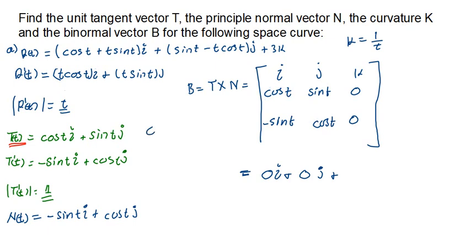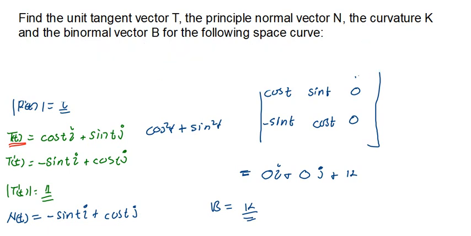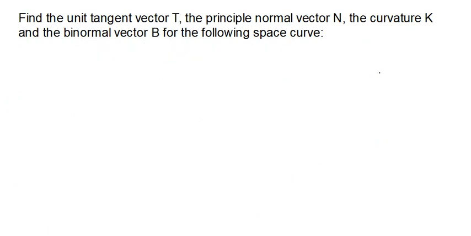So it's like you have cos squared t minus this one by that one, supposed to be negative, but because that negative is going to multiply by this one, it is going to be positive, so that would be sine squared t, which is simply a 1. So it would be like 1k, or I can just indicate it as k. So meaning the binormal vector is just equal to 1k or just k. Okay, so that's how you go about that question. So let's try to look at another example to make sure we are very familiar with how we answer such questions. So let's say, let me call this a b.